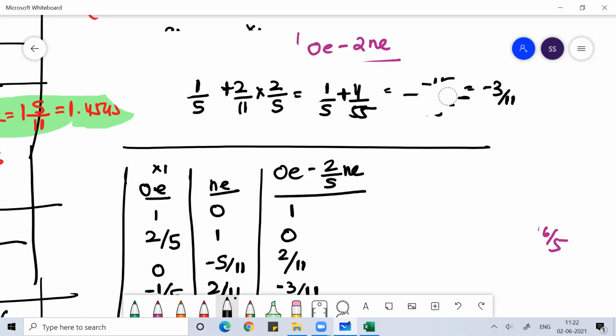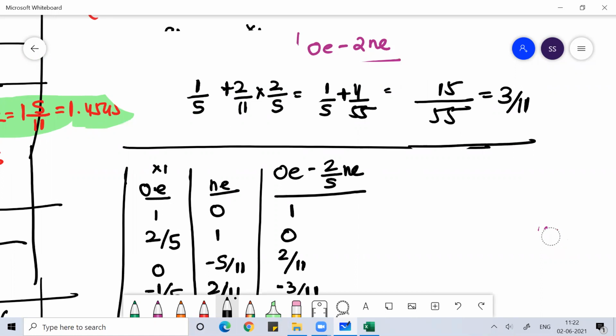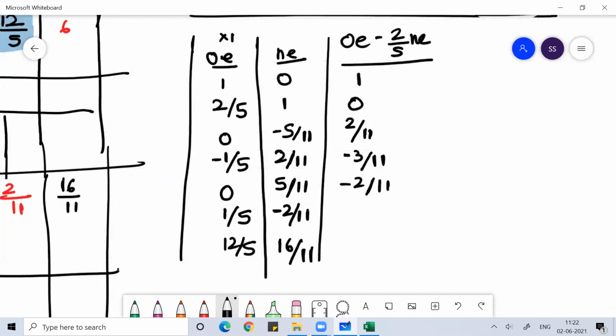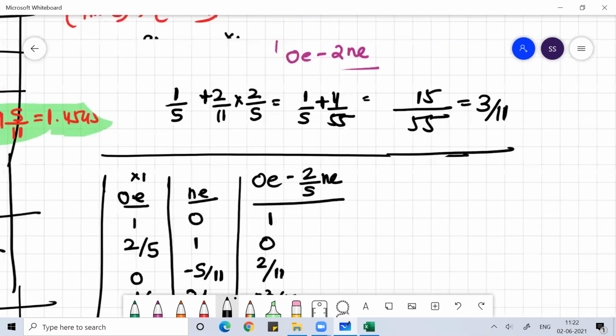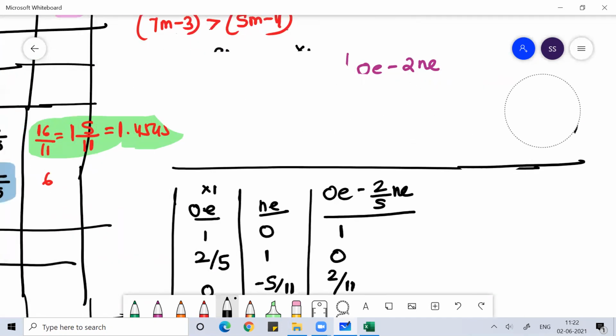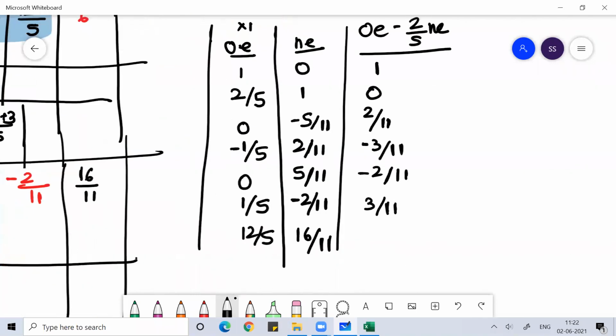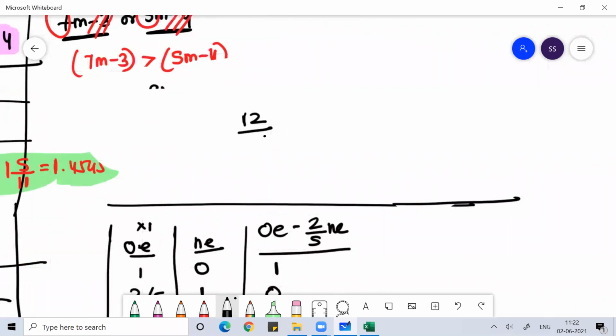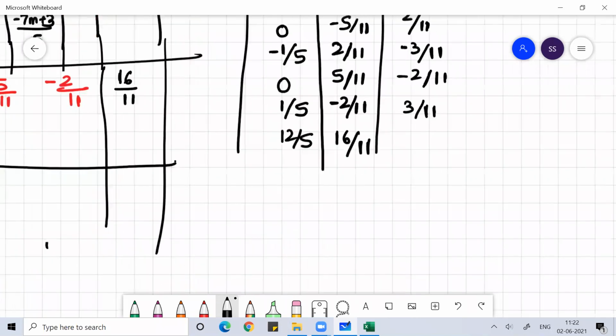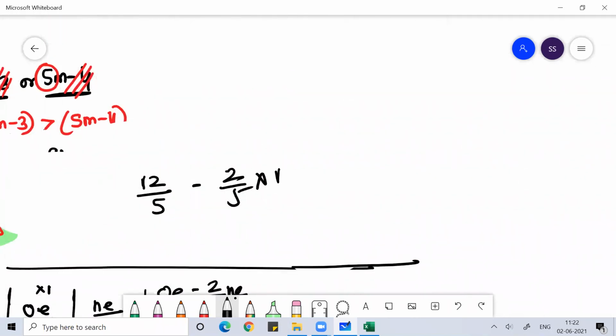So if you do this, you get LCM 55 by 11. 15 by 55 means 3 by 11. Then this is 3 by 11. Then this is 12 by 5. Then 12 by 5 minus 2 by 5 into 16 by 11.